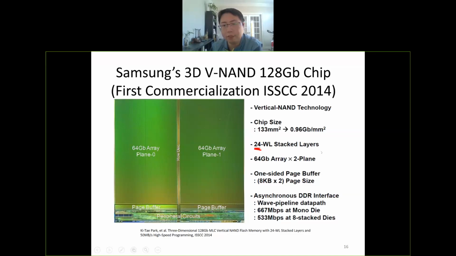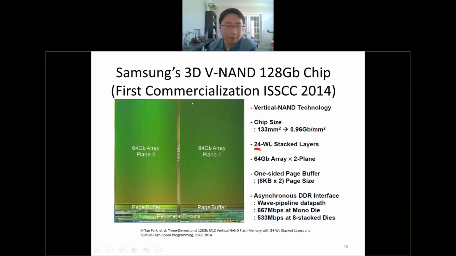And as I just mentioned, today it is becoming 128 layers. I think Samsung has 6 generations of 3D NAND technology, because each year they announced one new generation, and from 2014 to 2020 they already have 6 generations, increasing the number of layers from 24 to 128 today.